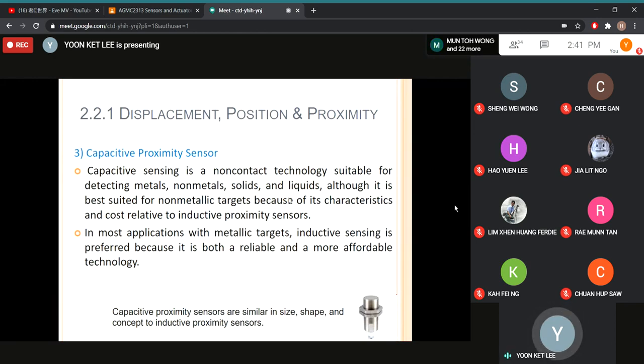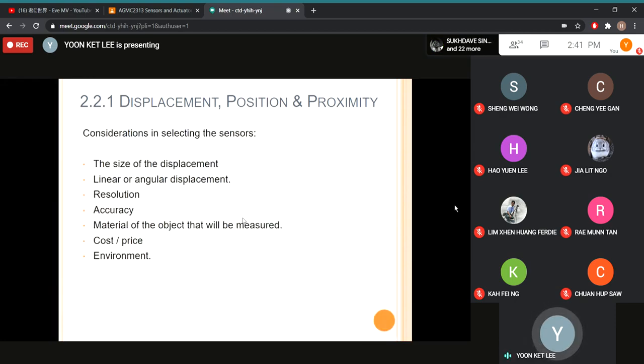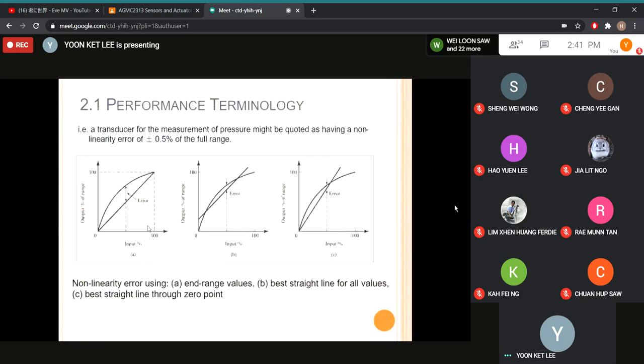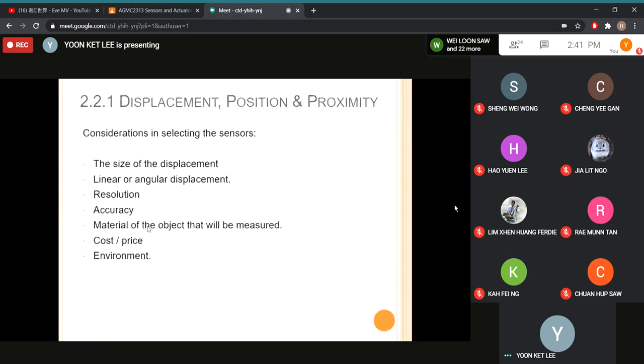Normally, we will not use the capacitive sensor to detect a metal target, okay? Because if we use an inductive sensor, that will be much cheaper and more efficient. That's why I say from here, you need to consider the material of the object that will be measured, okay?